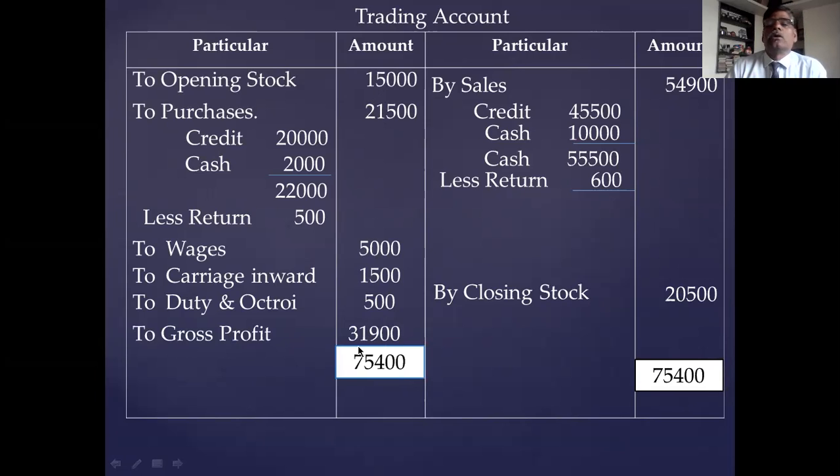This is called gross profit. Clear? This gross profit I will take to the P&L account part. Okay. You prepare trading profit and loss account in combined. Because of the large number of transactions, I made 2 slides.